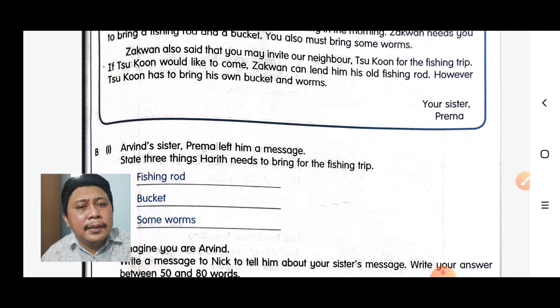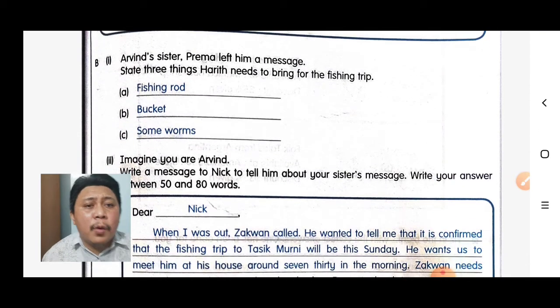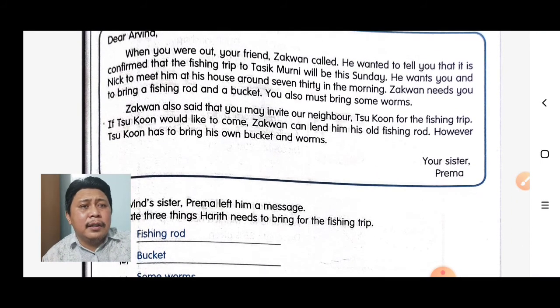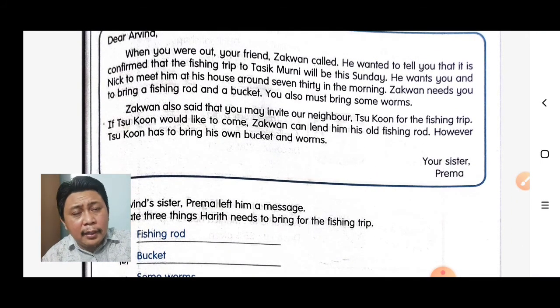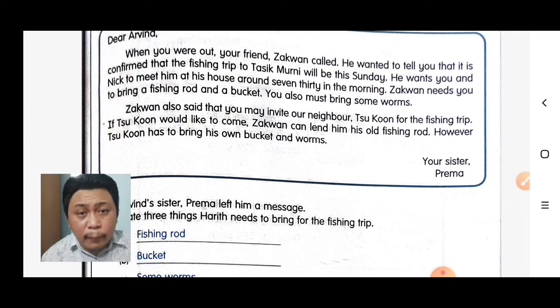Okay, the answer is given here: the fishing rod number 1, bucket and some worms. This one is easier if you read the short message carefully, you can find the answer. That is the tip on how to answer a question for B1.